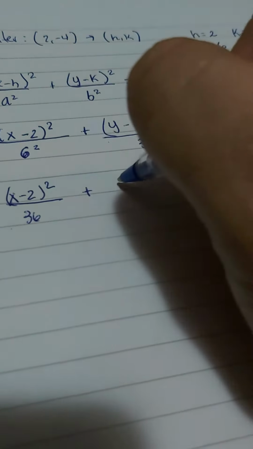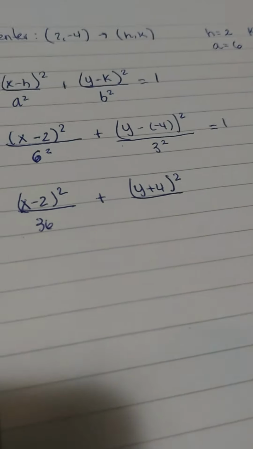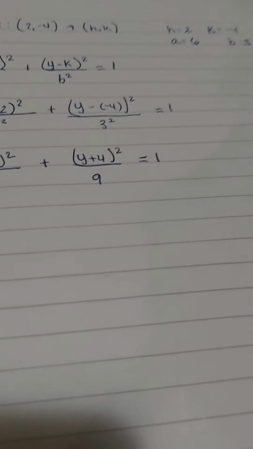Now we simplify. (x minus 2) squared over 6 squared, that's 36, plus (y plus 4) squared over 3 squared, that's 9, equals 1.